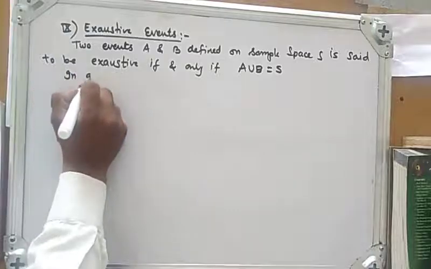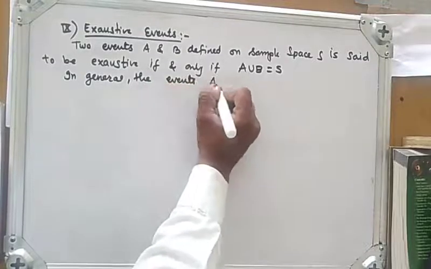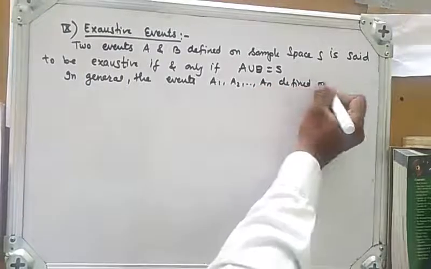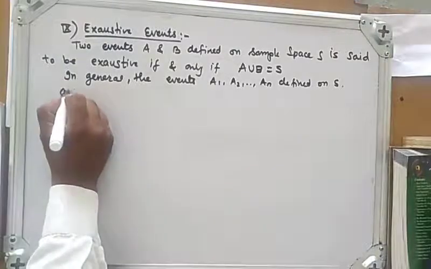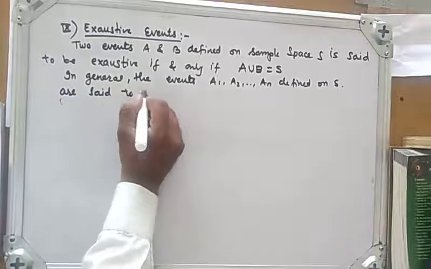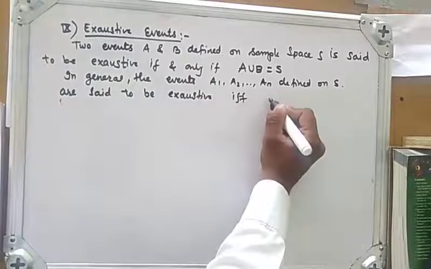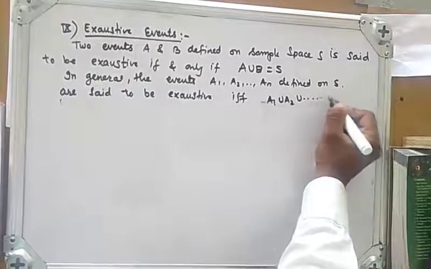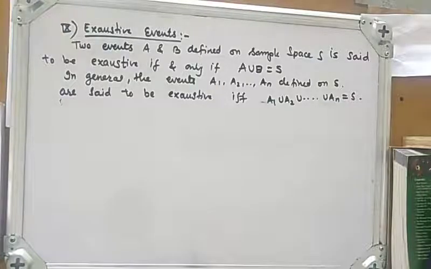So in general, the events A1, A2, up to An defined on sample space S are said to be exhaustive if and only if their union, A1 union A2 union up to An, is equal to the whole sample space S. Then A1 up to An defined on sample space S are exhaustive events.